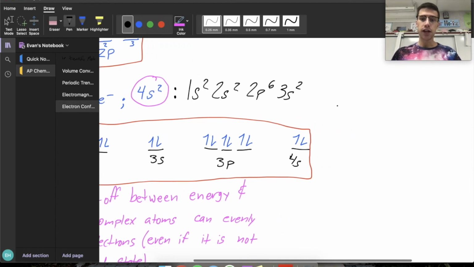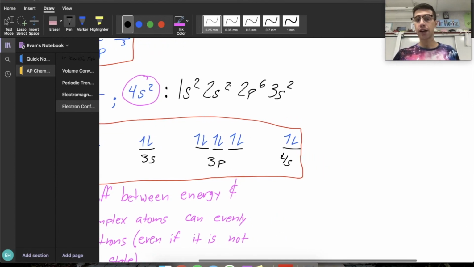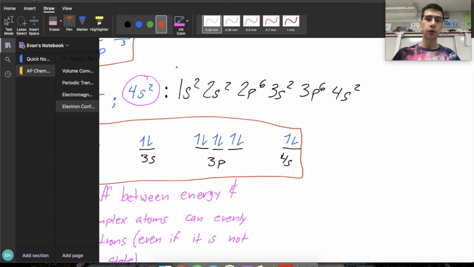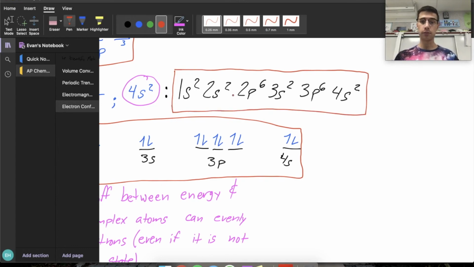So here's our 3s2. Again, after 3s, just like with 2s, we have 3p. As you guys can see, in 3p, we had to fill in all 6 electrons for all the subshells. And then after 3p, we have 4s. And in 4s, we have a total of 2 electrons, okay? So this would also be an accurate answer for the electron configuration for calcium, okay?